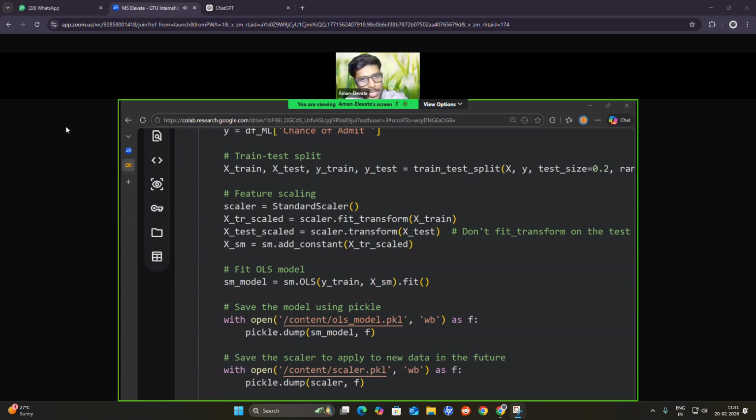Okay. So what it does is, what is the formula for standard scalar?